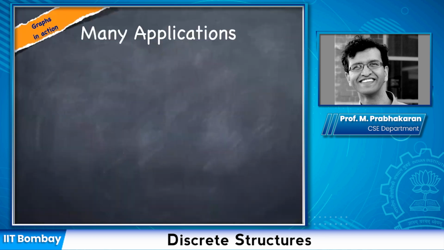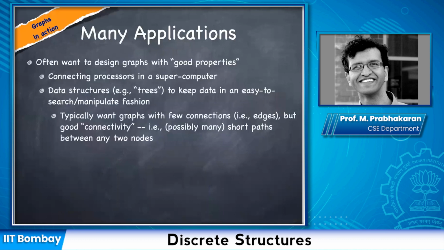In many of these applications involving graphs, you might often want to design graphs with good properties. For instance, if you're using your graph to decide which processes are connected to which others in a supercomputer, or which computers are connected to others in a network, or if you're designing a data structure like a tree, and that's something we'll talk about in more detail later.